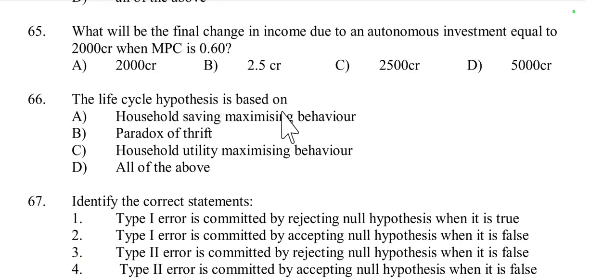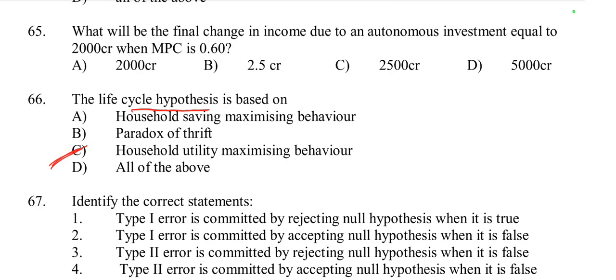Then question number 66. The life cycle hypothesis is based on what? The life cycle hypothesis was given by Modigliani, Brumberg and Ando. It is based on household saving maximizing behavior, paradox of thrift, or household utility maximizing behavior. Yes, the life cycle hypothesis is based on household utility maximizing behavior.